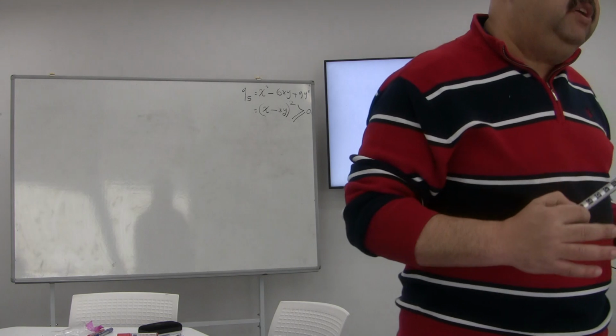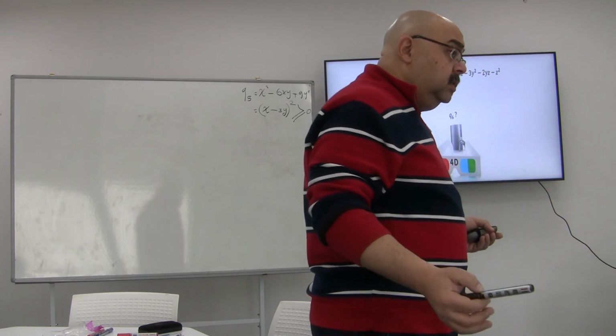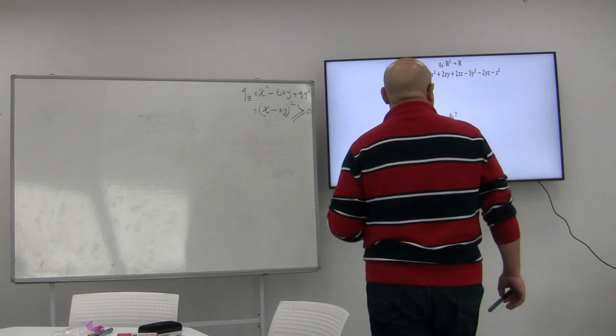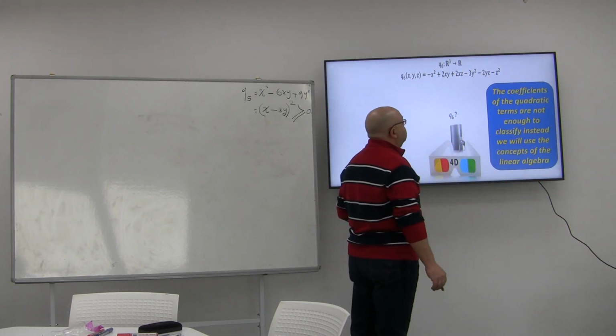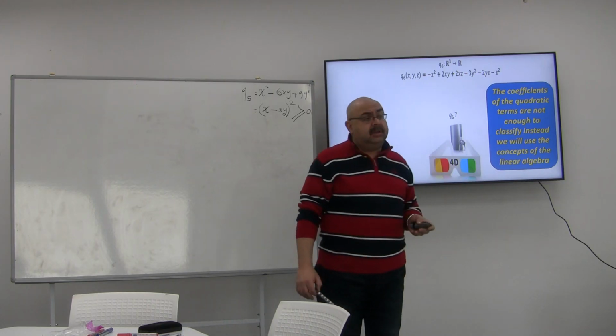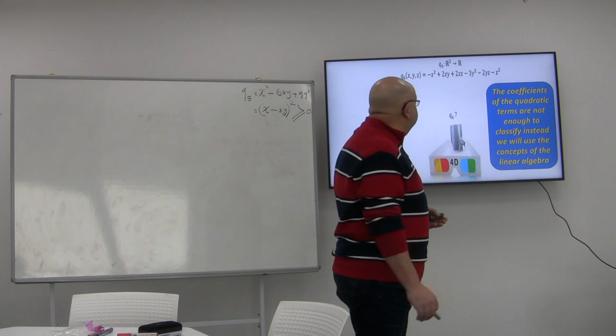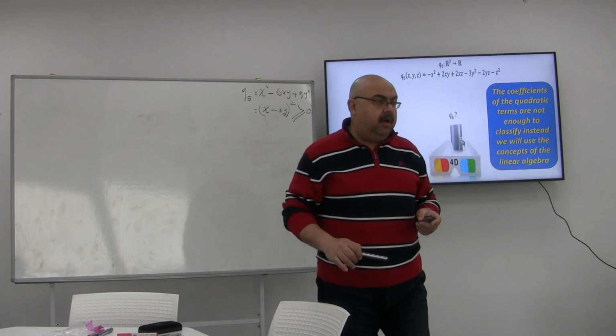What about the classification? Is it positive definite, positive semi-definite? Once you go through trying to determine the nature of this function, it's not going to be easy to determine. The coefficients of the quadratic terms are not enough to classify this quadratic form, so instead we will go through the concepts of linear algebra.